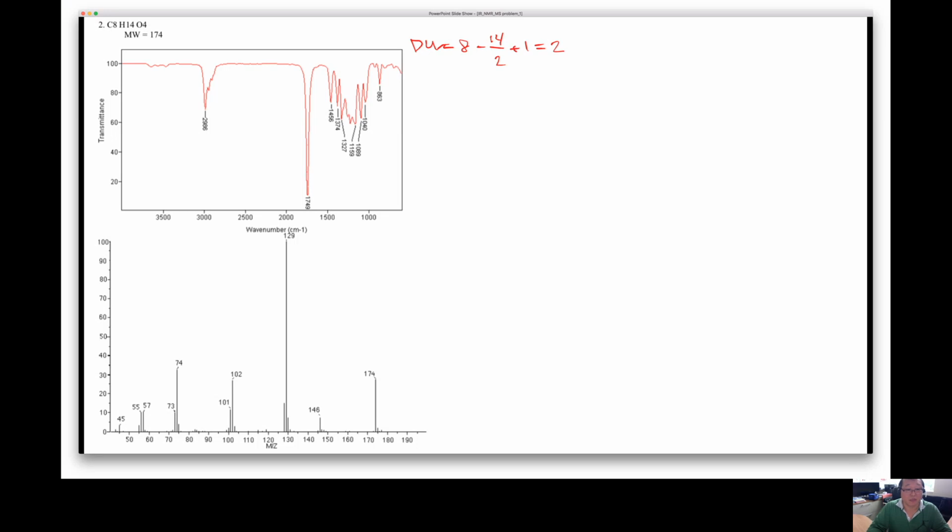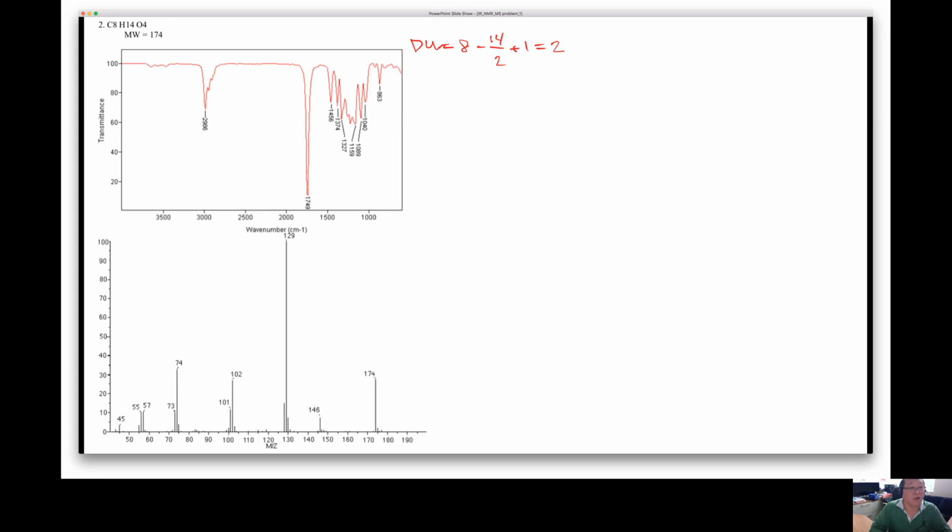So we have 2 degrees of unsaturation. Again, the degree of unsaturation can come from a pi bond, or it can come from cyclic structures. We don't know which it is, so we have to take a look.